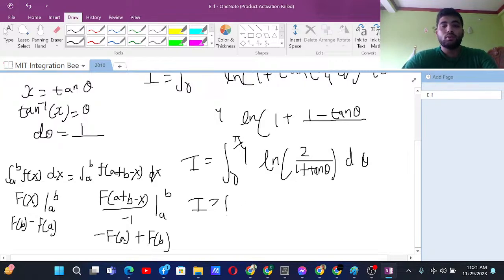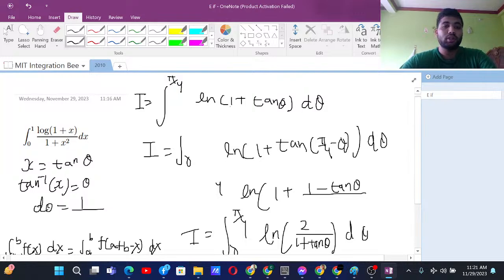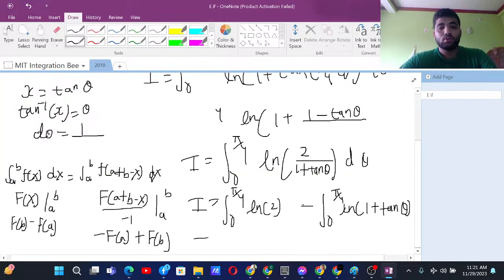Now we can break this into two logarithms: ln 2 minus the integral from 0 to pi by 4 of ln of 1 plus tan theta. And now we know that this was our original integral I. So we have I equals ln 2 times theta going from 0 to pi by 4, minus I again.